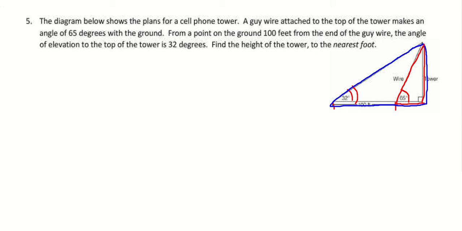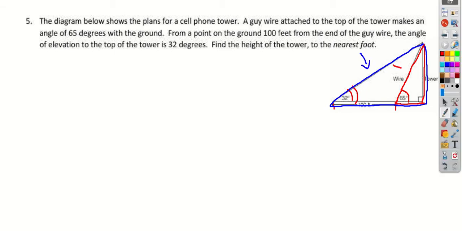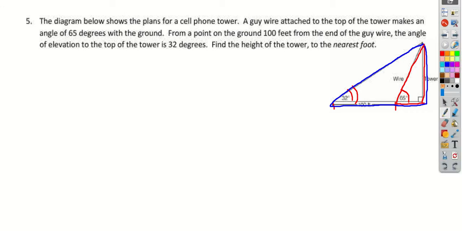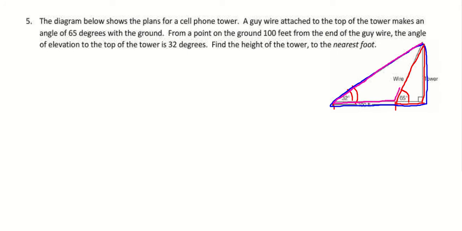What I need to do is find one of these two sides. We can either find this side, or we can find the length of the wire. We're going to find the length of the wire because it's labeled as wire, so I figured it's easy enough. And to do that, we actually need to use this triangle right here.